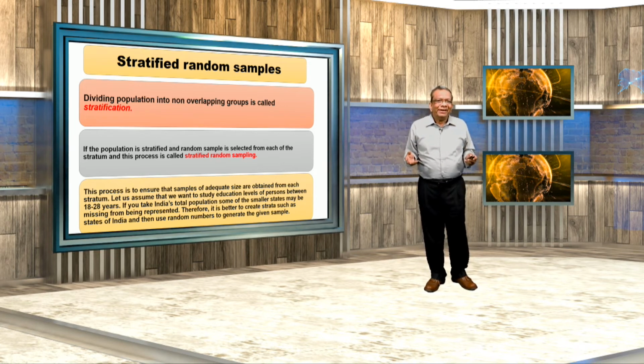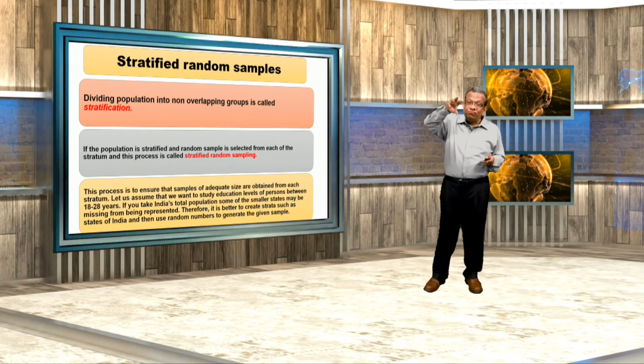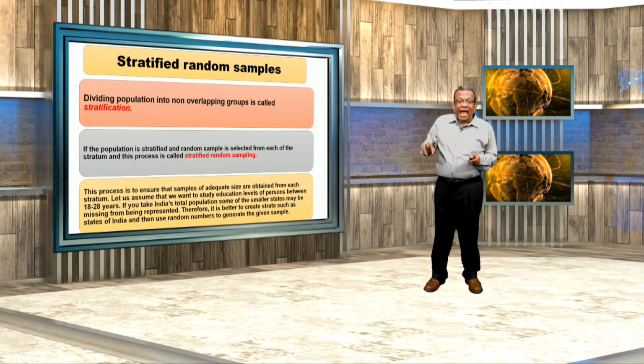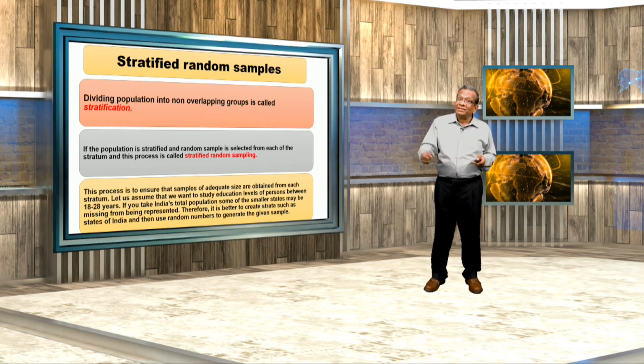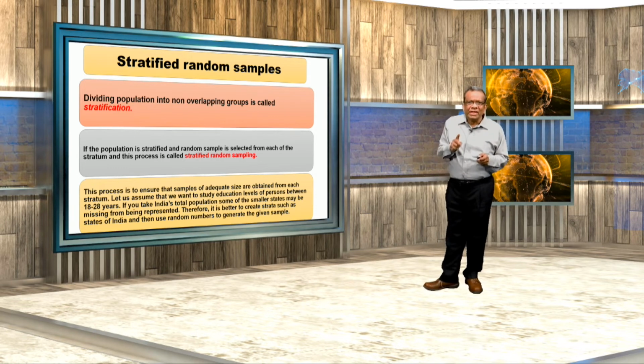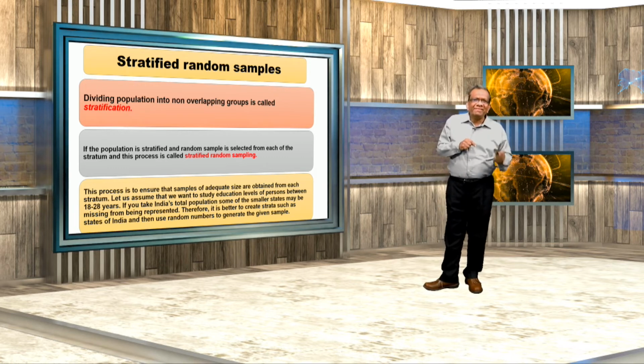On the other hand, if the population has different kinds of strata, where characteristics within a stratum are very similar but between strata are dissimilar, stratified random sampling is the right process for you to use. This process ensures that samples of adequate size are obtained from each stratum.